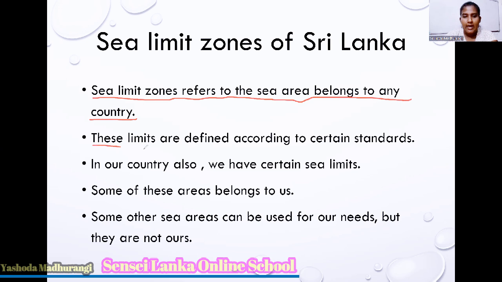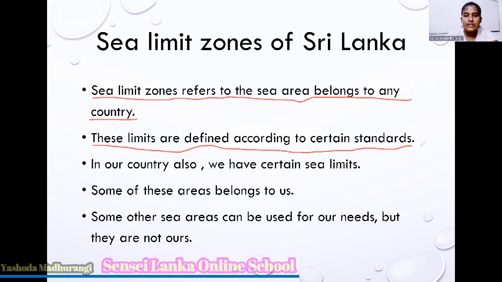These limits are defined according to certain standards. That means some institutes have defined these sea limits under a legal background. There are rules and regulations to decide the sea limit zones given to each country.